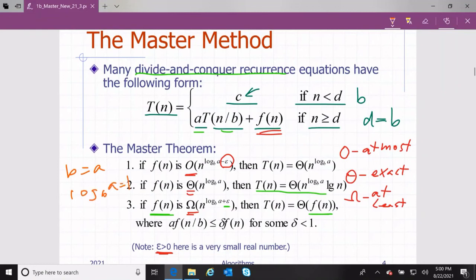You can prove it by the definition. So in this case, we ignore that. The exponent is just 1.